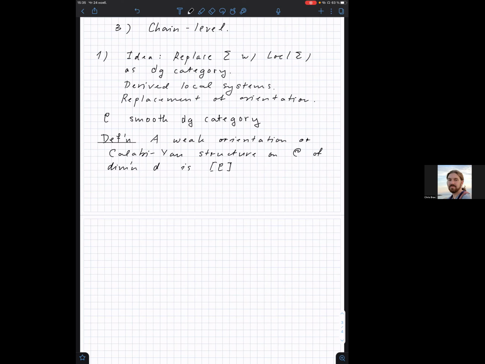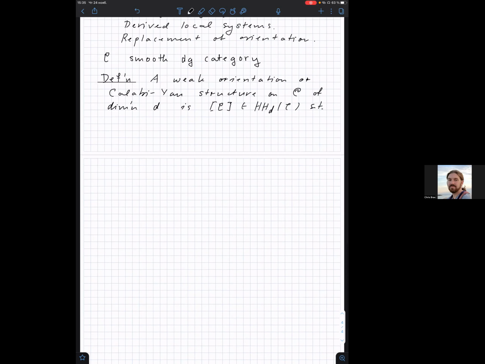I'll write it as if it's a fundamental class. Where does it live? It lives in the D-th Hochschild homology of C. Such that, so I need something like Poincare duality. And remember how I formulated Poincare duality. It said that capping against the fundamental class gave an isomorphism between cohomology and homology. And here I can say the same thing, except for Hochschild homology and cohomology.